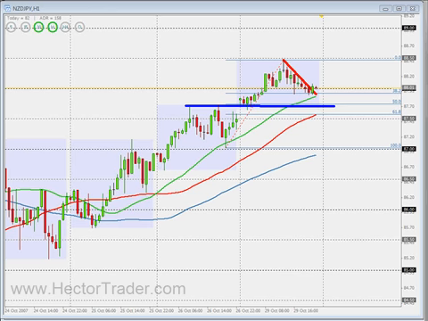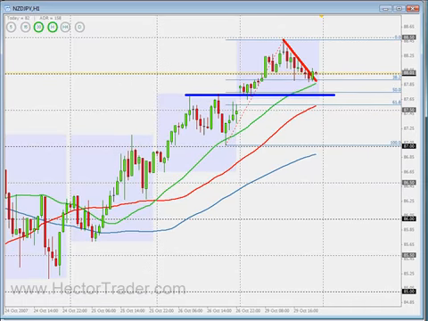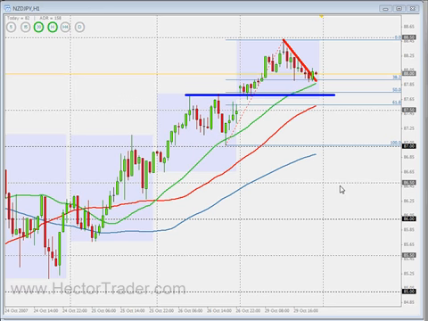Basically, what I'm waiting for is for this retracement trend line to give way, with a typical breakout, pullback, continuation. We get the breakout thrust and a pullback to retest the breakout levels, and from there continue to the upside. I'm still waiting for that at this time.